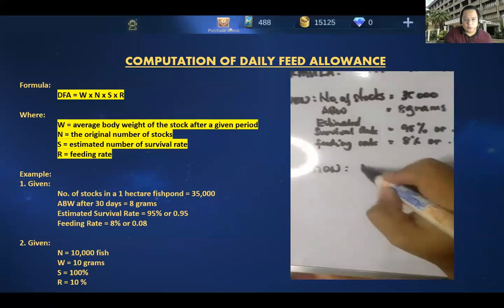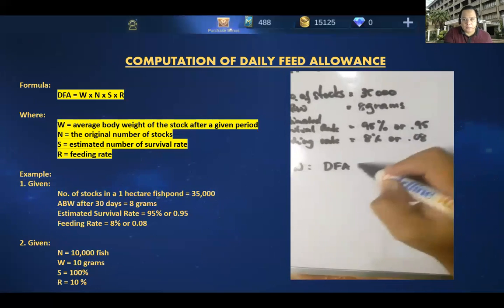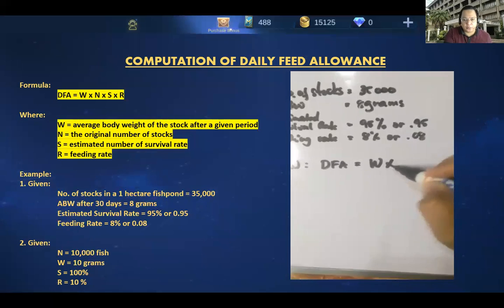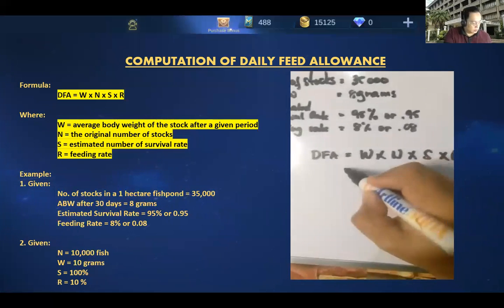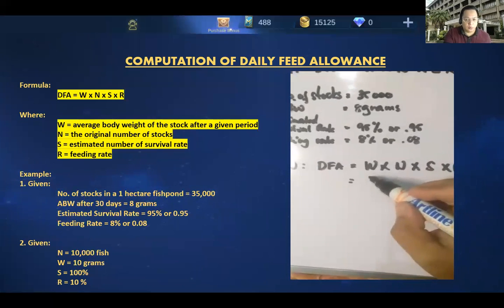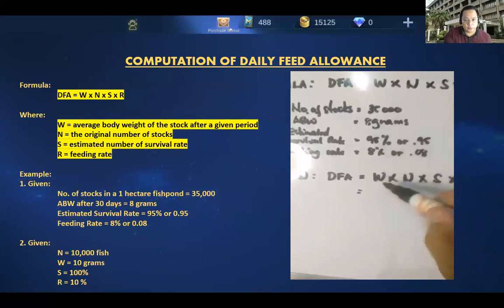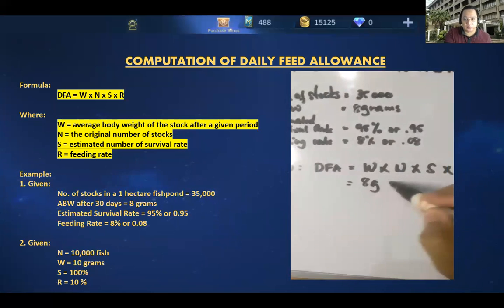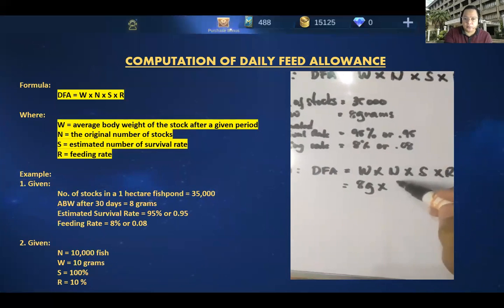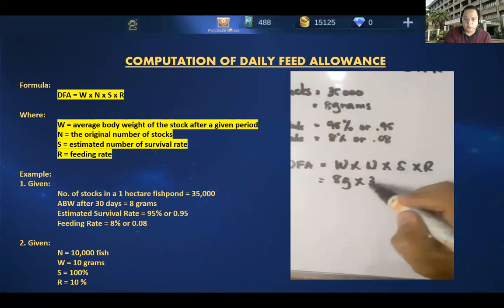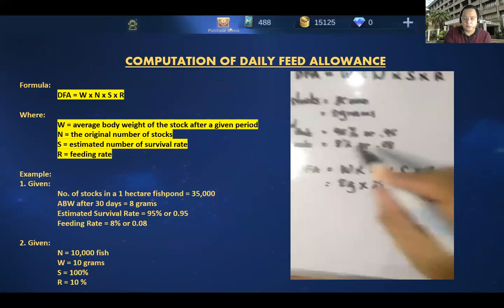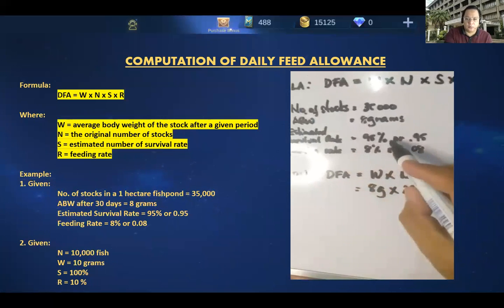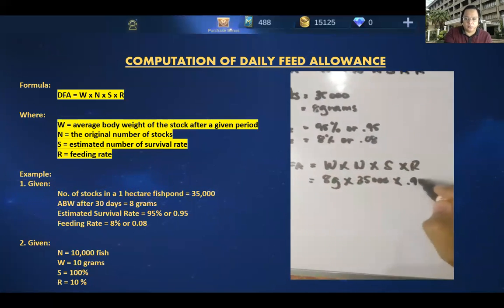So our formula is DFA is equal to W times N times S times R. W is the average body weight, which is 8 grams, times N is the number of stock, which is 35,000, times S is the estimated survival rate, which is 95% or 0.95.